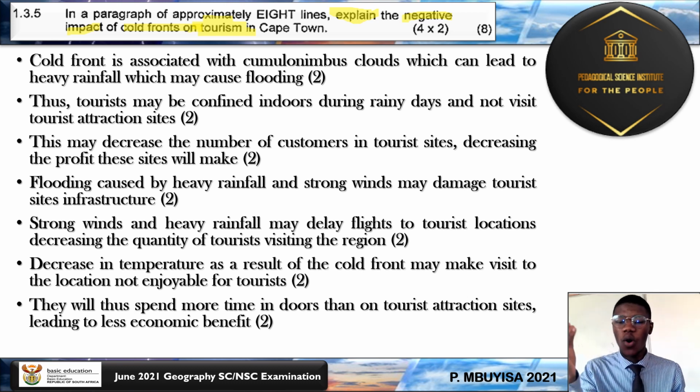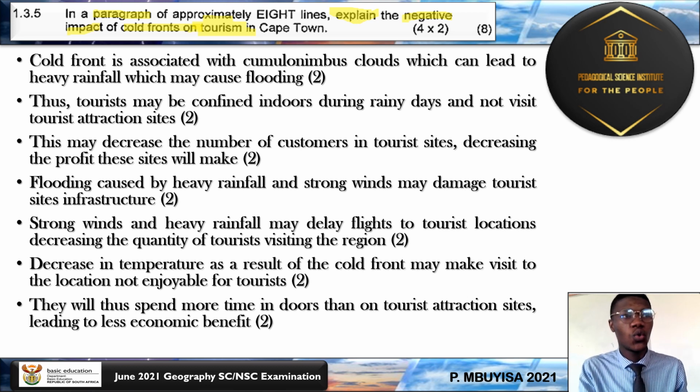Remember, one point in a paragraph question always leads you to the next. So never, ever, ever leave paragraph questions unanswered. And another one, they said you must write a paragraph, which means you need to write in paragraph format. Always answer paragraph questions in paragraph format.